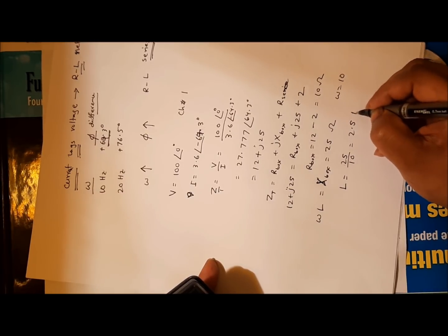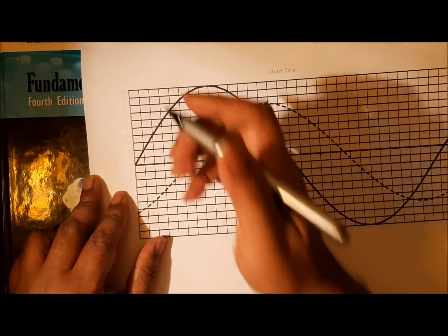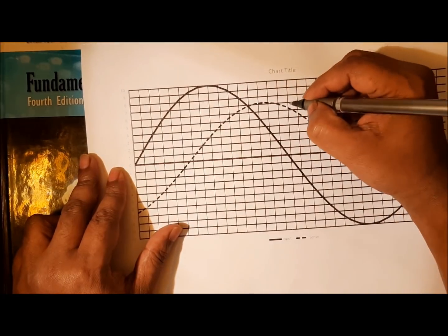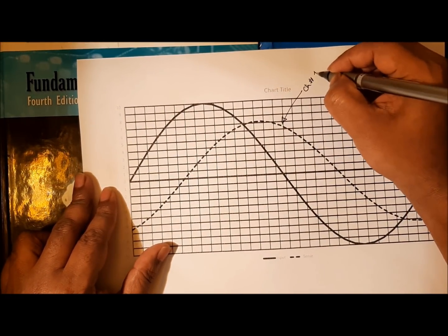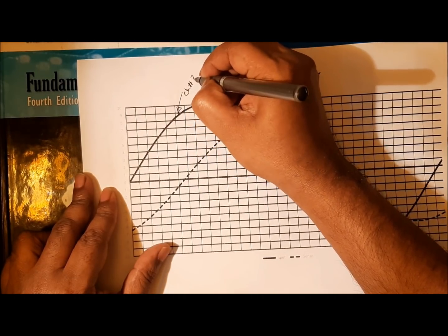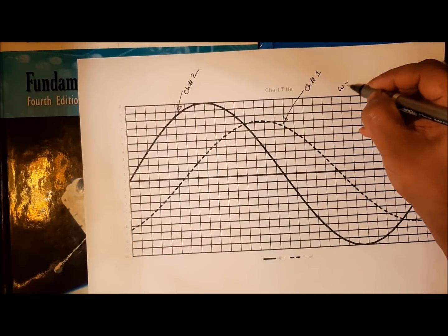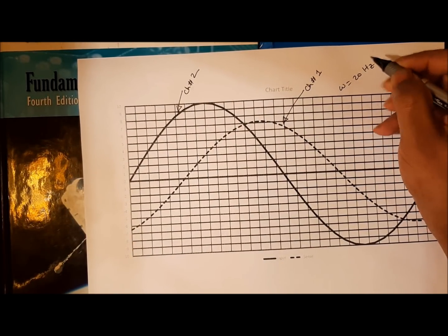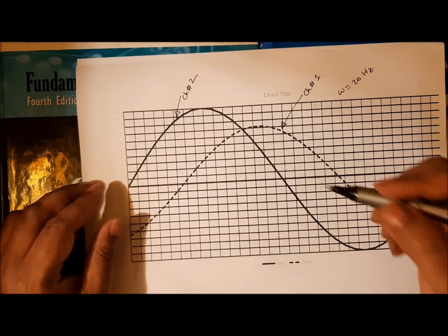so 2.5. And we got another wave shape, where this is my channel 1 and this is channel 2. This wave shape was obtained for omega equal to 20 hertz. So for omega equal to 20 hertz we got this wave shape.